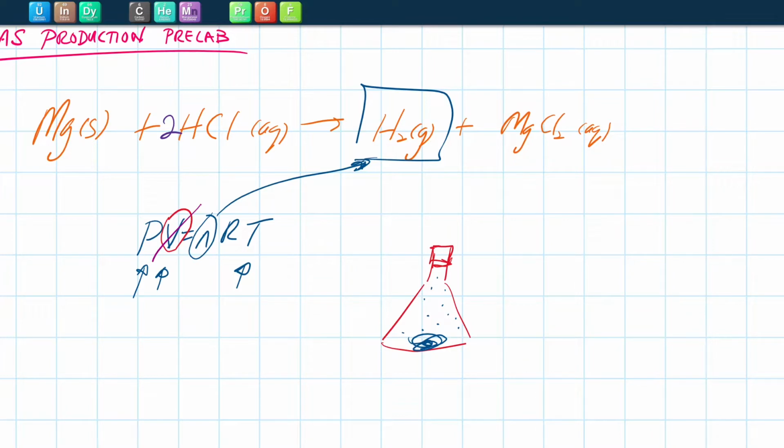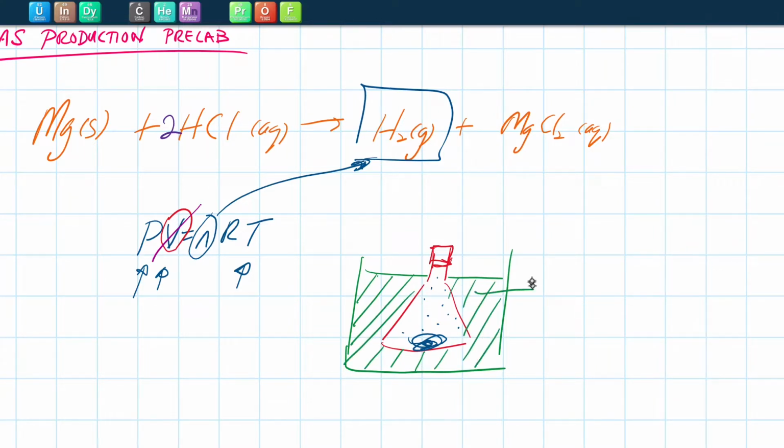We can also keep the temperature fixed by making sure that this entire reaction is done under conditions where we can monitor the temperature, for example, in a water bath, where we can stick a thermometer in and monitor the temperature constantly. A little temperature sensor, a temperature probe. That way we can keep temperature fixed.